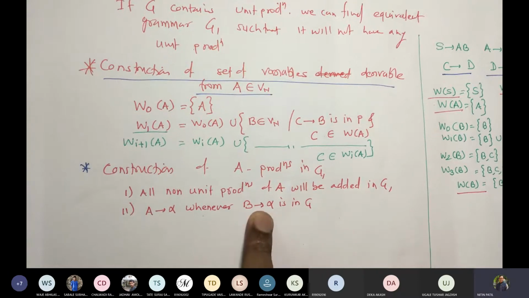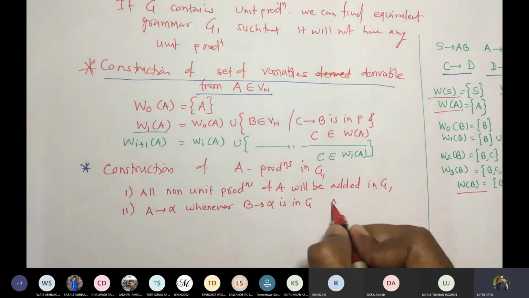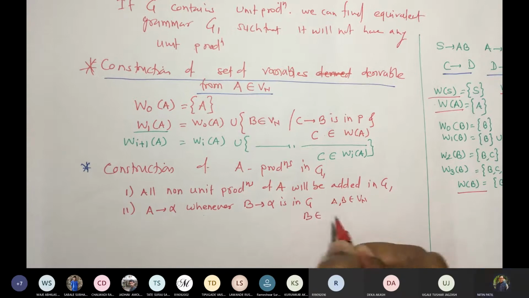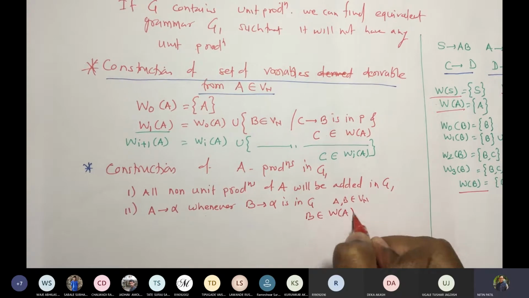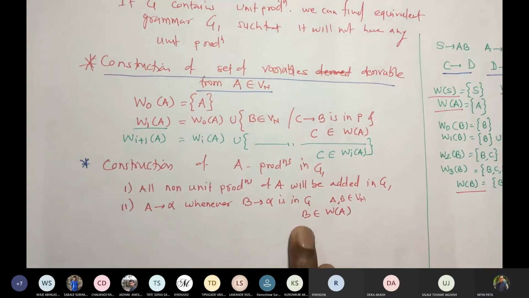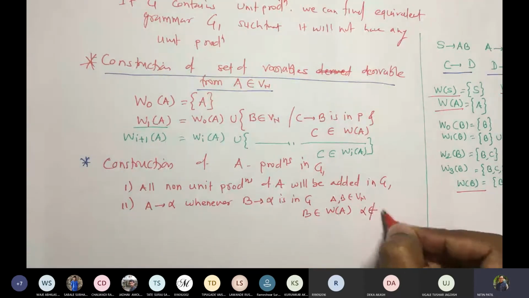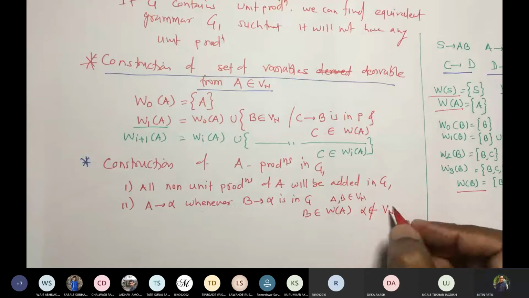Okay. Now what this alpha is? This A, B belongs to what? Vn, correct? And this B belongs to W of A. If this B gives alpha, and what is alpha? Alpha does not belong to Vn.